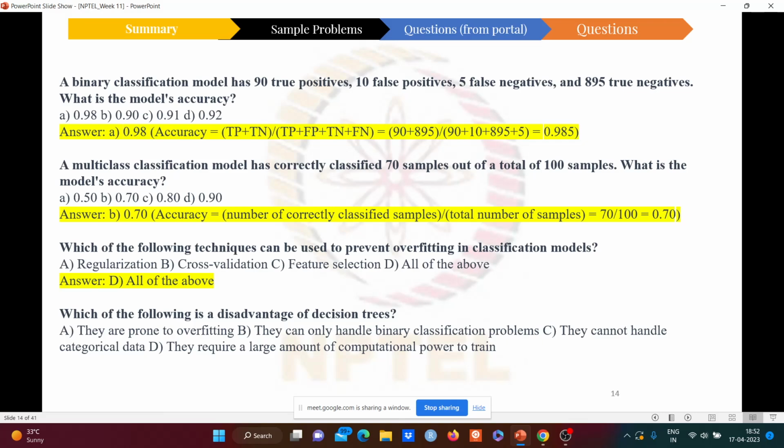All these techniques are different ways of addressing the overfitting of a model.